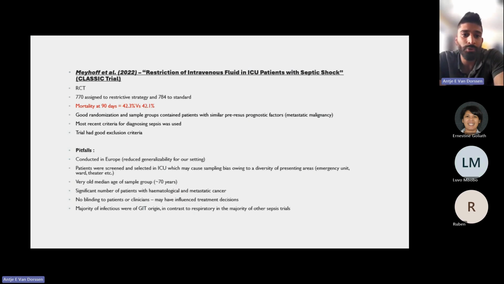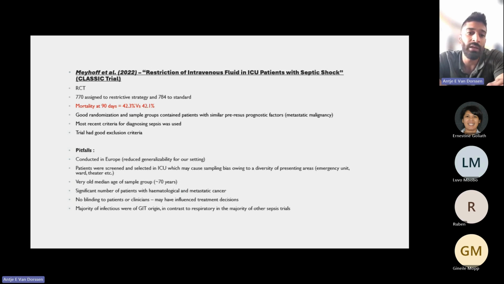And this was a randomized controlled trial where they assigned 770 patients to the restrictive strategy and 784 to the standard or liberal strategy, and showed that the mortality at 90 days was mostly similar, 42.3% and 42.1% respectively. And it was actually quite a good study design. There was good randomization.